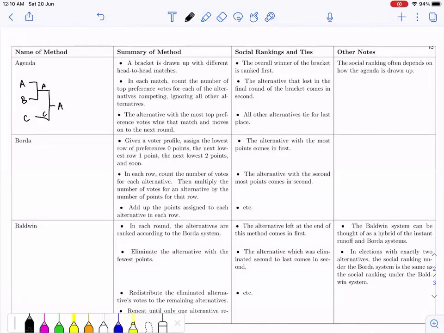So it could look something like this, or if you have four alternatives, maybe something like this. You draw brackets to denote different pairs of head-to-head matches, and you have these rounds. So this is the first round, this is the second and the final round. Again, this is the first round, this is the final round.